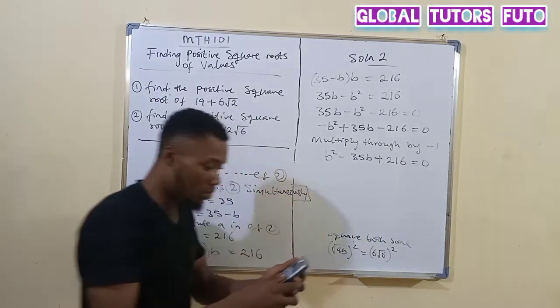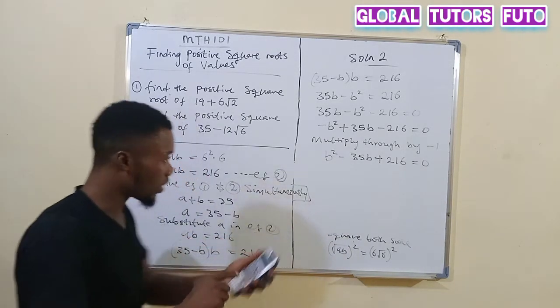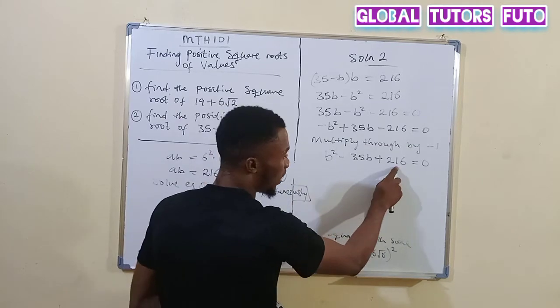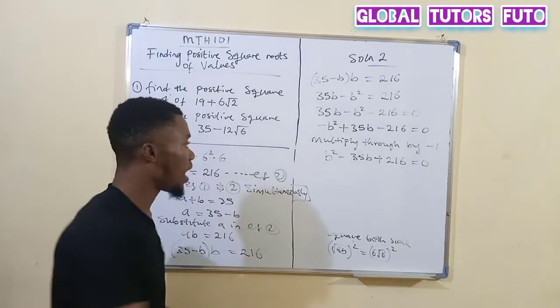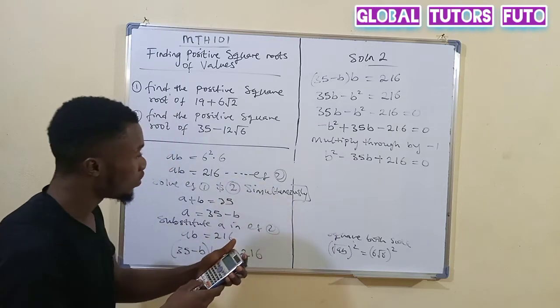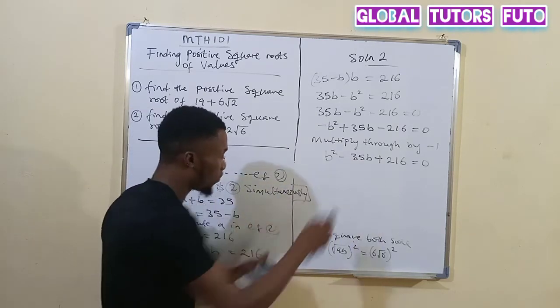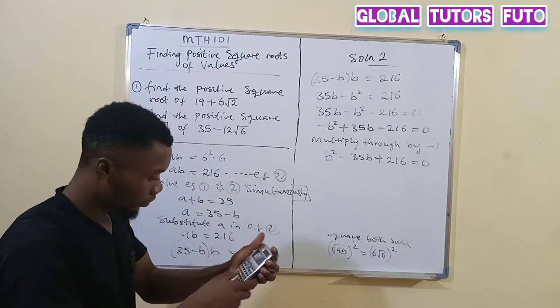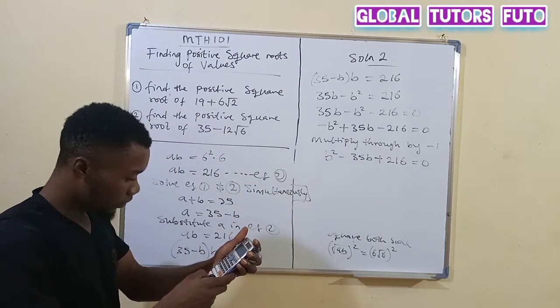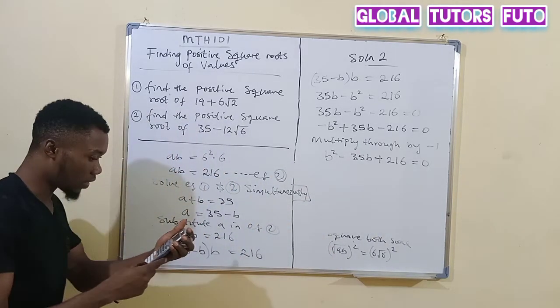Is this factorizable? Let me check. What can we multiply together and get 216, and when we add it together, we get minus 35? The coefficient of B squared here is 1, then minus 35 is the coefficient of the second one, and this is 216. So it is factorizable.